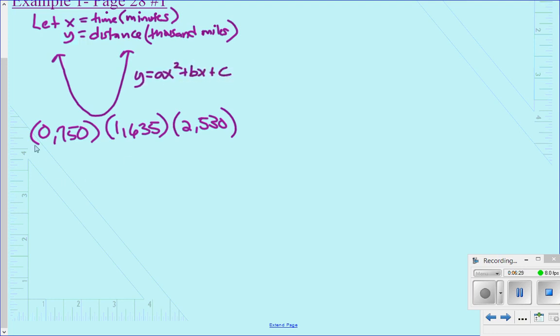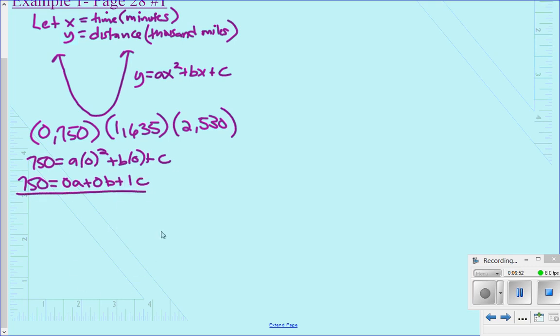So I'm just substituting in x and y into that equation to create 3 different equations. So substituting in 750 for y, a times 0 squared plus b times 0 plus c. Let me simplify that. I'm getting 0a plus 0b plus 1c.